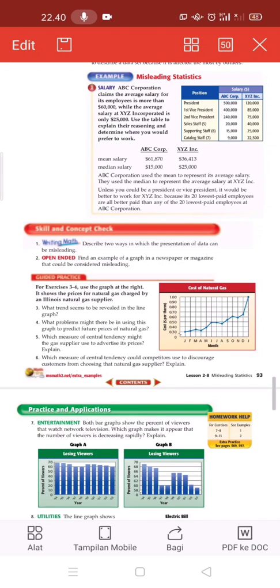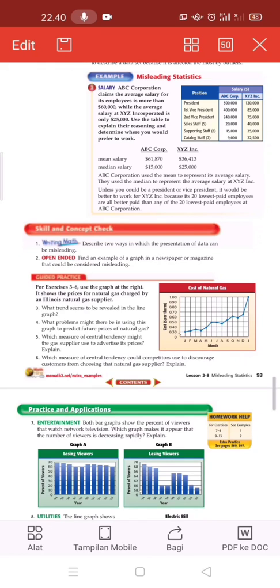ABC Company, XYZ Inc. Mean salary: ABC Company $61,817, XYZ Inc. $36,413.